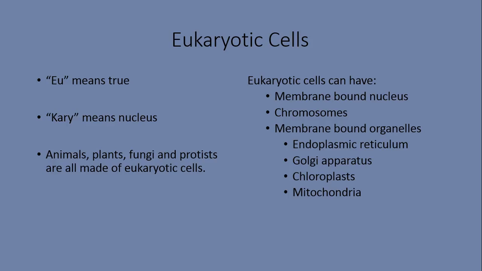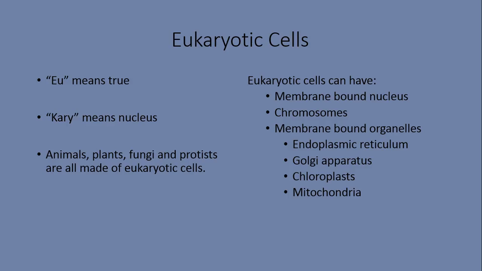Now on to eukaryotic cells. Eu means true, kary means nucleus, meaning true nucleus. So eukaryotic cells are those that actually have a true, membrane-bound nucleus. Animal cells, plant cells, fungi, and protists are all made of eukaryotic cells.